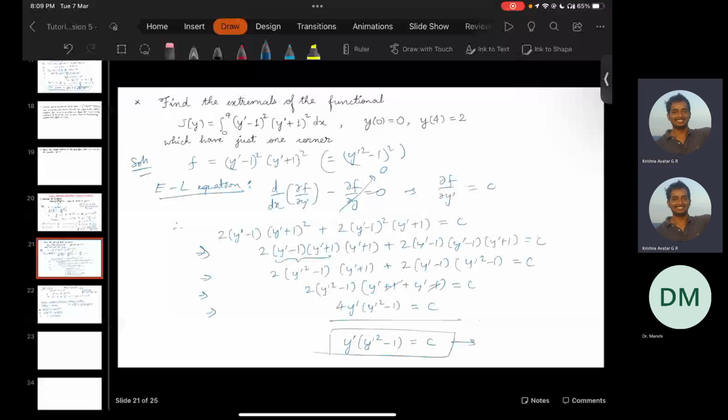So I'll just write it here: this was nothing but y prime squared minus 1, whole squared. Now we'll take y prime squared minus 1 as a common factor, and then we'll have 4y prime squared minus y prime squared plus 1.